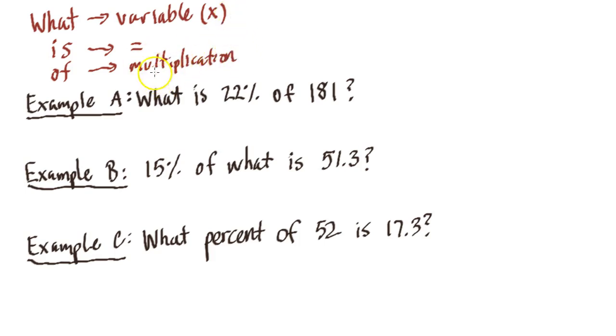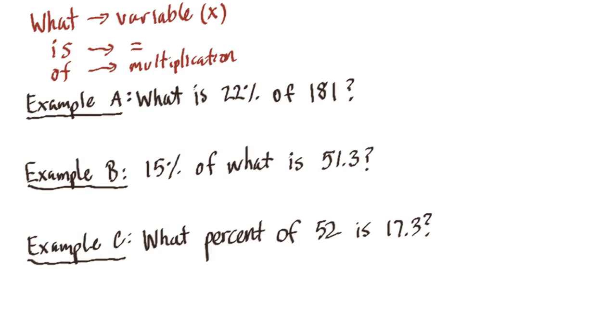The reason I didn't want to put an X for multiplication is because we've already defined our variable as X. Okay, so look for "what" representing our variable, "is" equal, and "of" is multiplication. What we'll be doing is translating each of the English statements into an algebraic statement, and then we'll solve the algebraic statement. Okay, so let's go ahead and tackle the first problem.